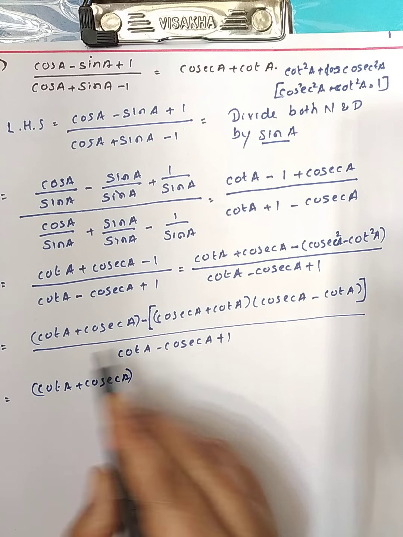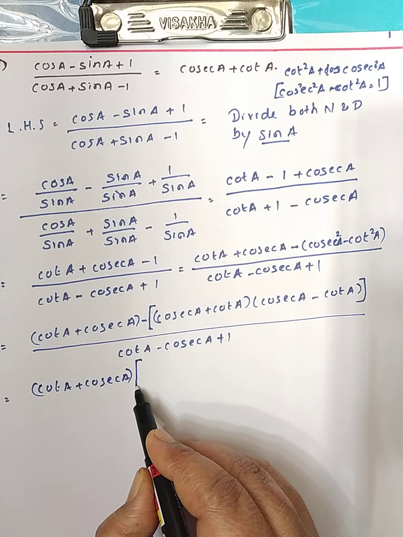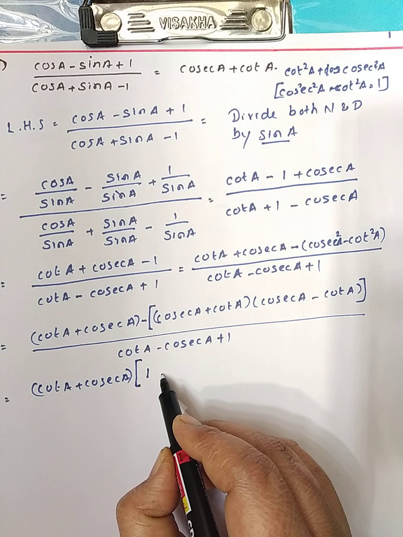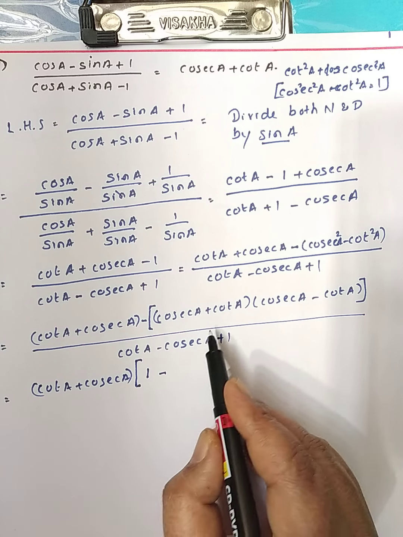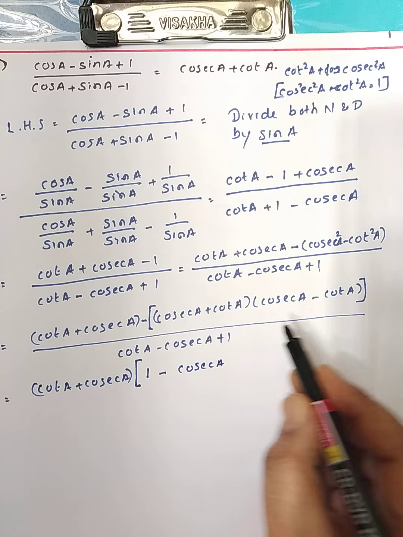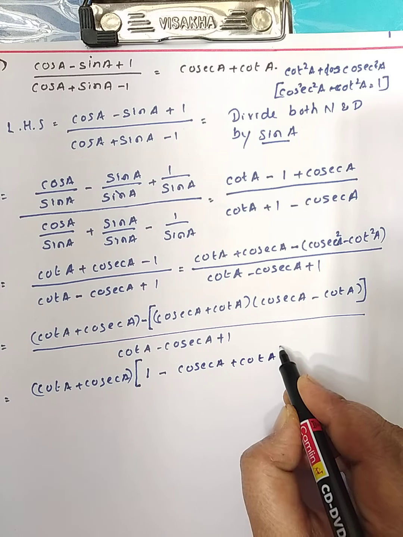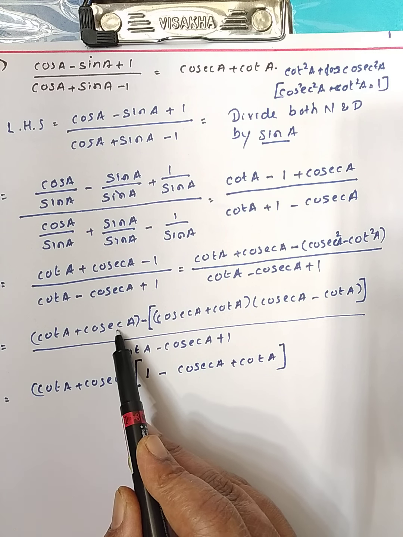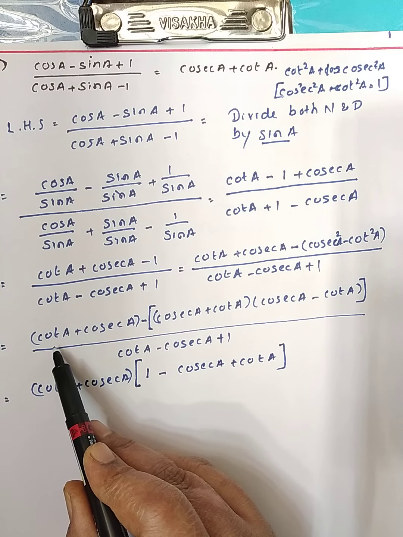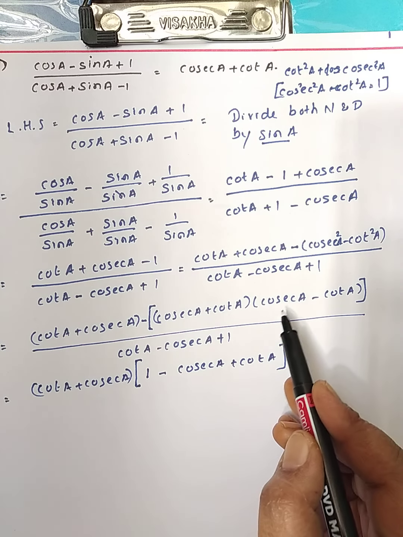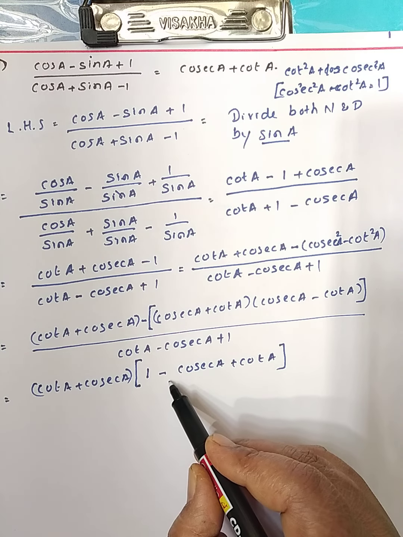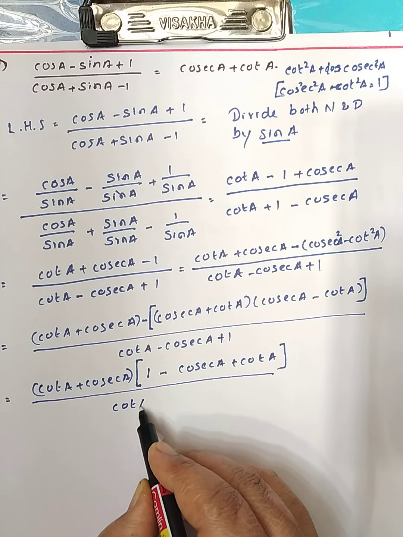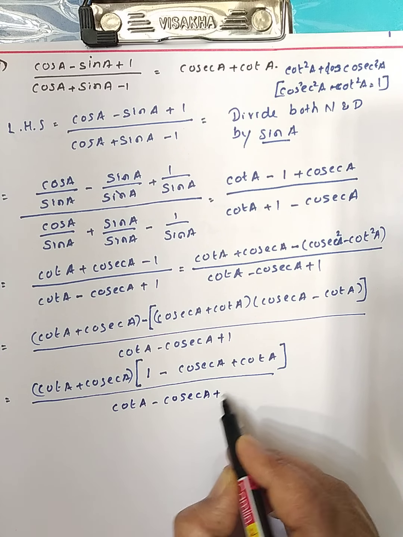When you take it out from both terms, remaining here is 1 minus, that is cosec A minus cot A. Minus into plus is minus, and minus into minus is plus cot A, whole divided by cot A minus cosec A plus 1.